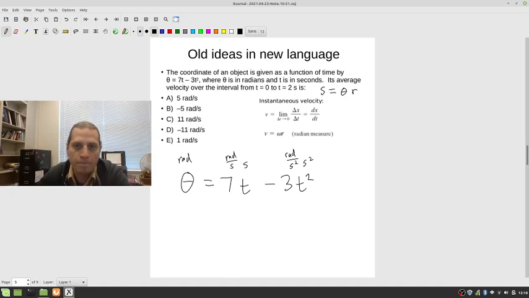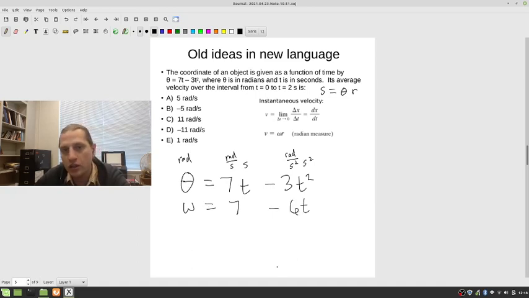Okay, so a little side note here. Now, it asks me for the average velocity. Well, you know how to find the instantaneous velocity from the instantaneous position. This is an angular position. You know that to find the instantaneous velocity, you just take the derivative. So 7 minus 6t.